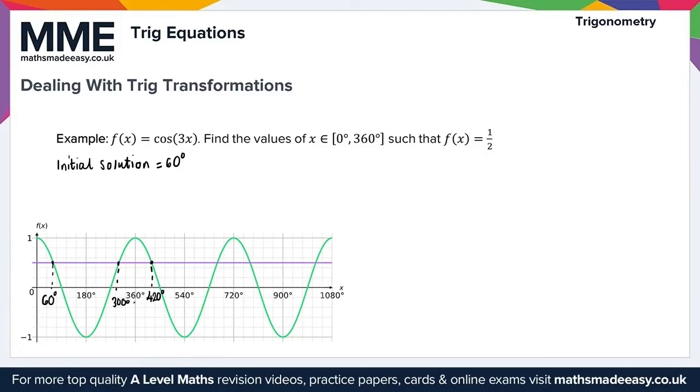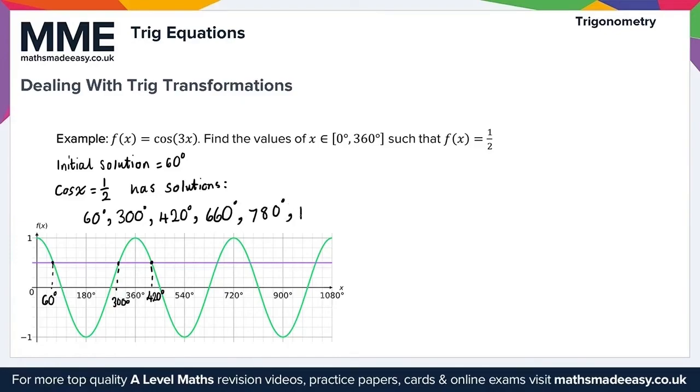In total, for cos x equals a half, we have the following solutions: 60 degrees, 300 degrees, 420 degrees, 660 degrees, 780 degrees, and finally 1020 degrees.